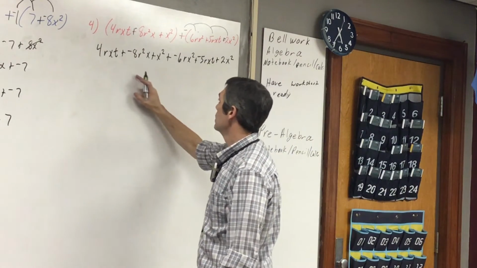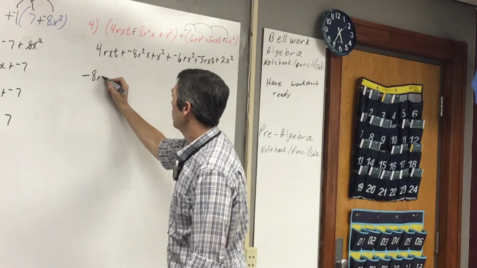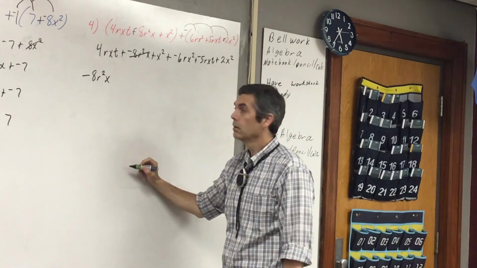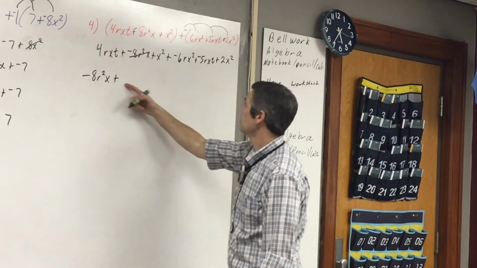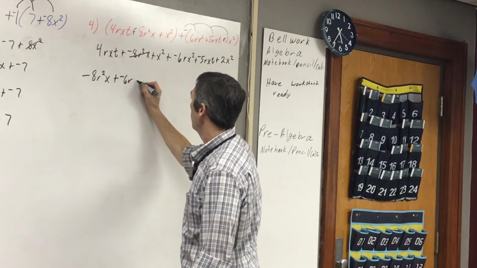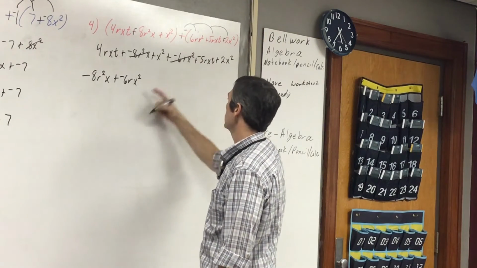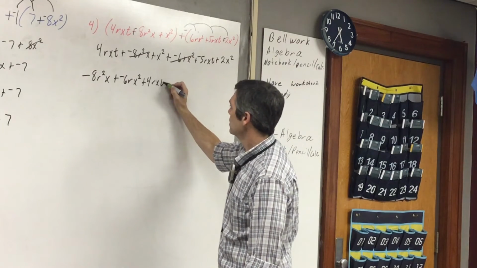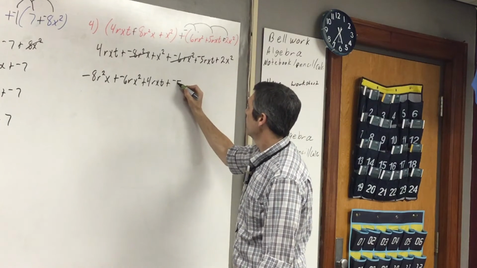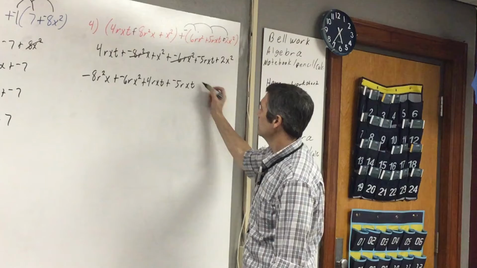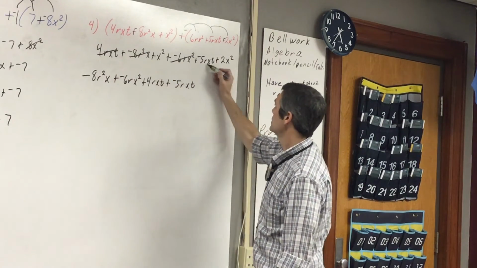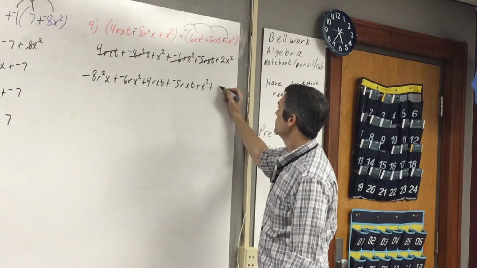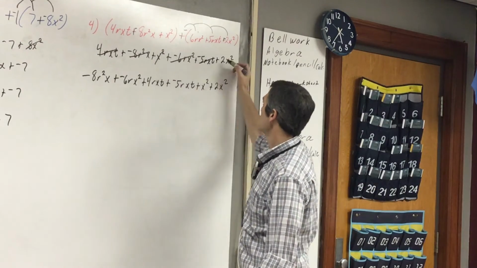I'm going to lead with -8r squared x, plus -6rx squared, because I want to show something with this in just a second, plus 4rxt plus -5rxt, plus x squared plus 2x squared. That gets that one, that gets that one.